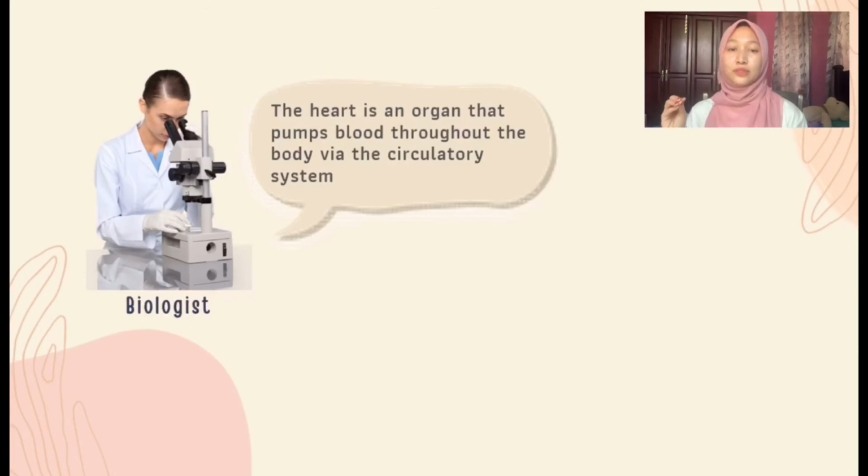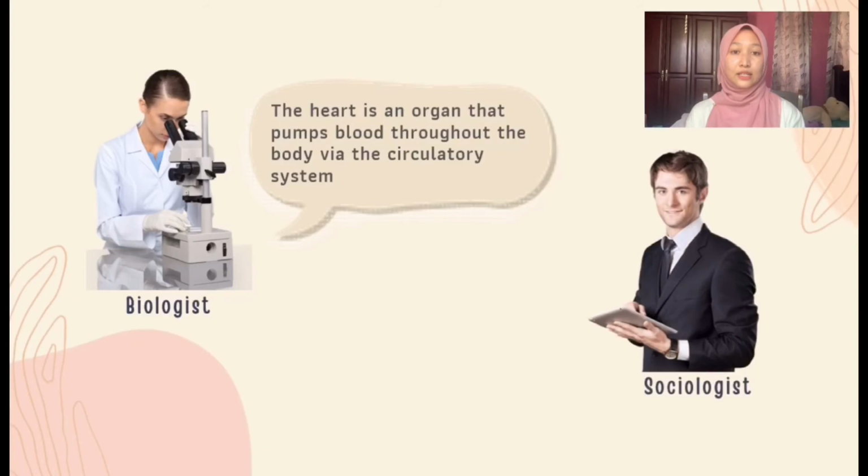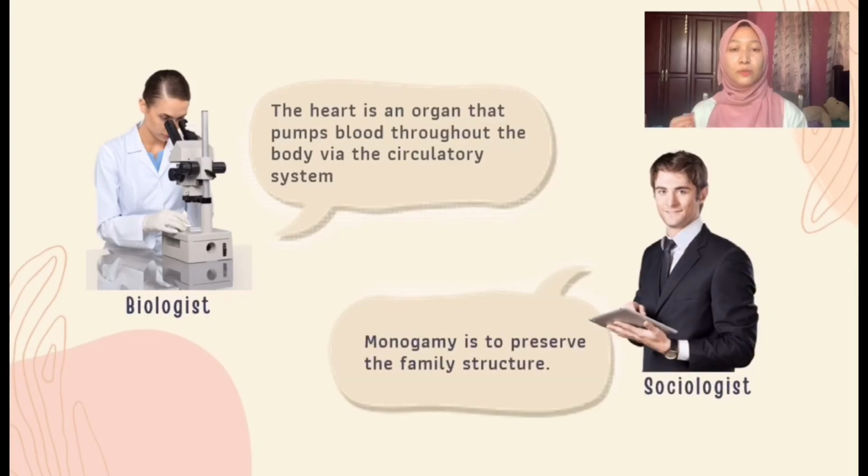Another example, when someone asks what is the purpose of monogamy, a sociologist will explain that the purpose of monogamy is to preserve the family structure. Each of these is concerned with a function that a structure or system is believed to possess.